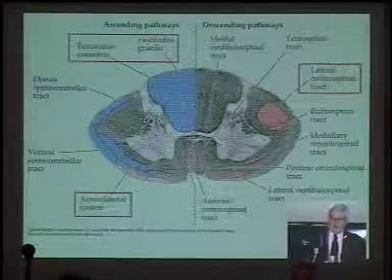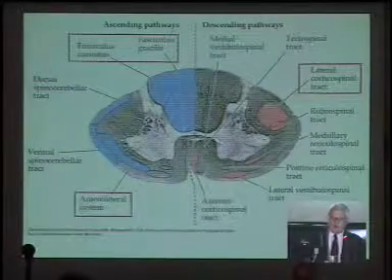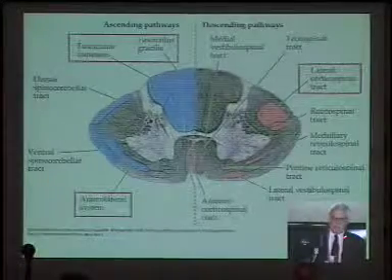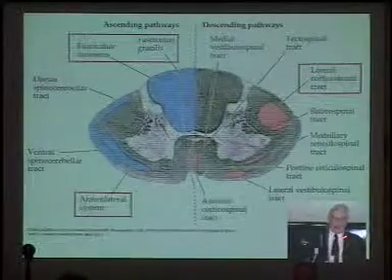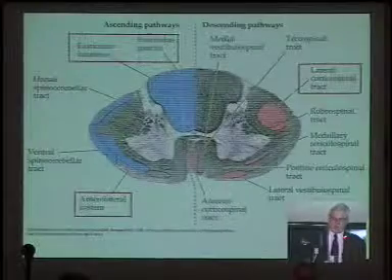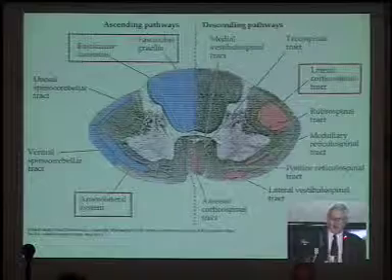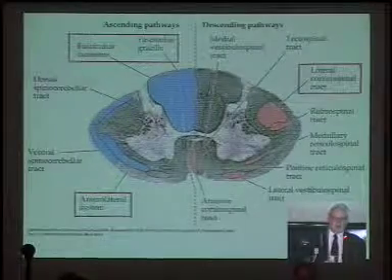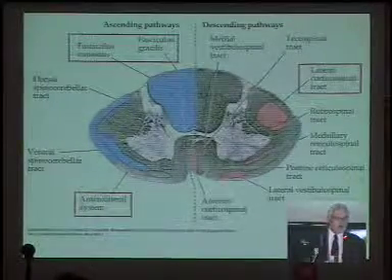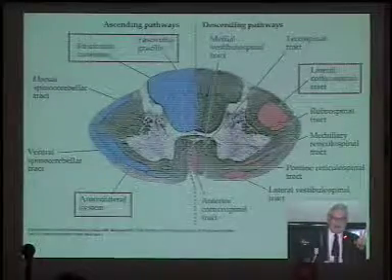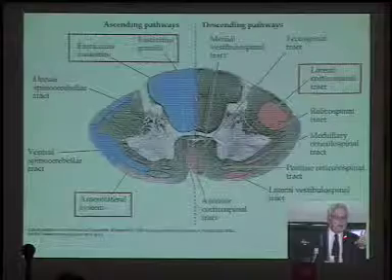Okay, we also, although not so much anymore, but when I was a child anyway, there was a big outbreak of polio in the world. And polio specifically attacks these large anterior horn cells here, lower motor neurons, that go out and supply the muscles.